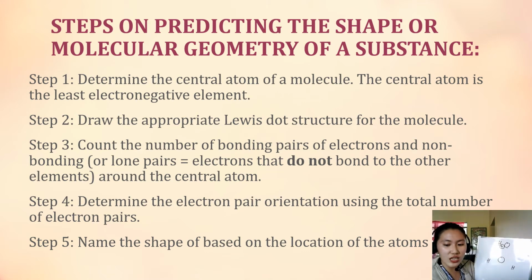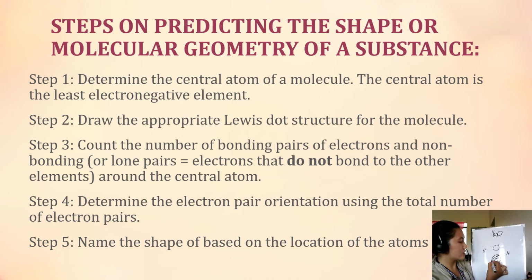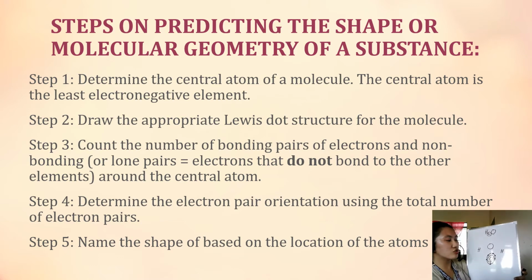So, oxygen has an atomic number of 8. So, we will just illustrate it first in a nuclear model. So, oxygen, 1, 2, 3, 4, 5, 6, 7, 8. So, meron siyang 8 electrons.